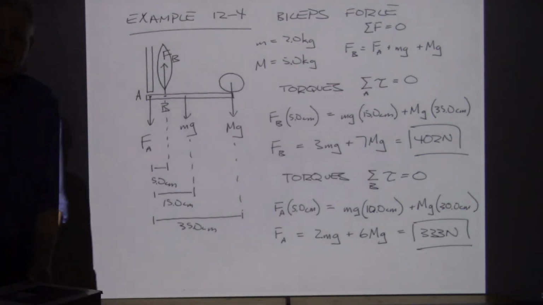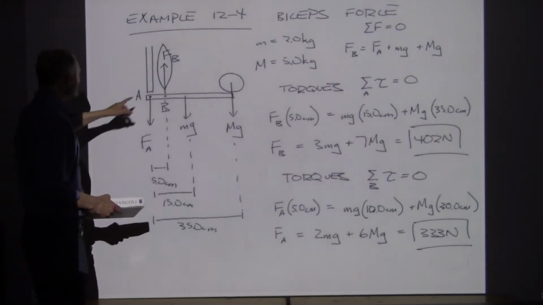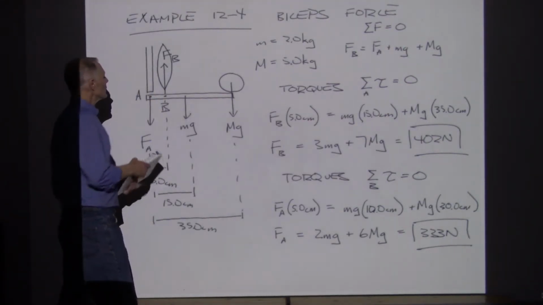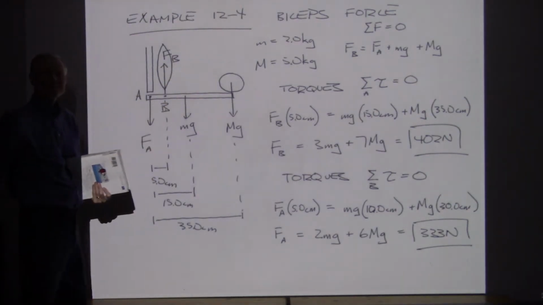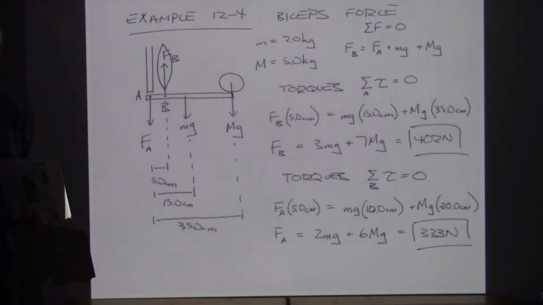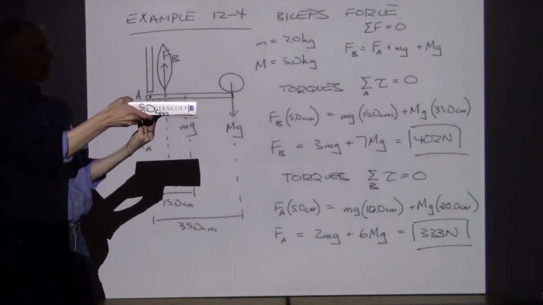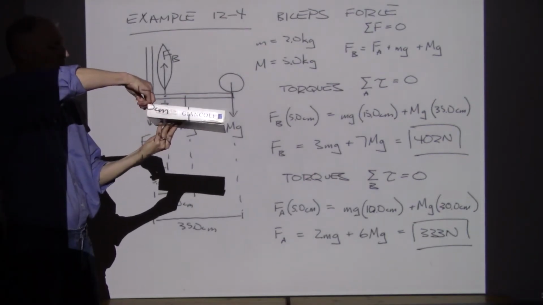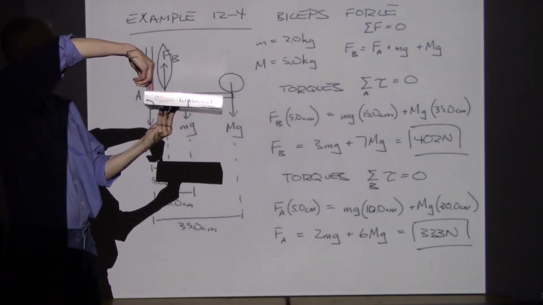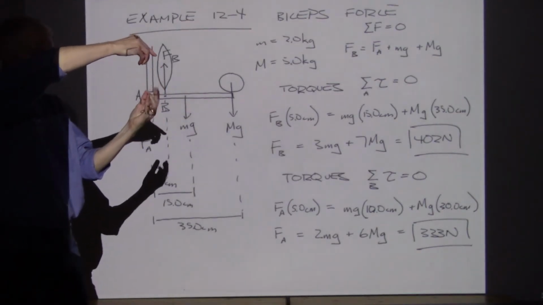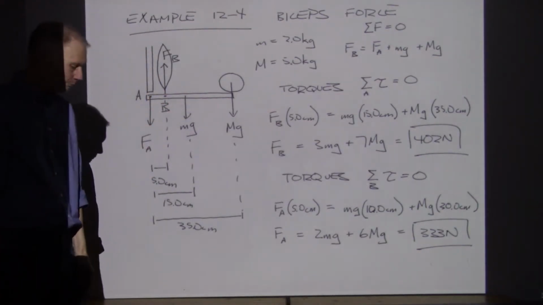Because if the muscle's lifting up here and the bone were lifting up too, this arm would just rotate. That's not going to support the arm. It's not going to maintain static equilibrium. So if I have an object here that I'm supporting from below, I have to push down here to stabilize it. If I don't push down, that book is just going to rotate over.